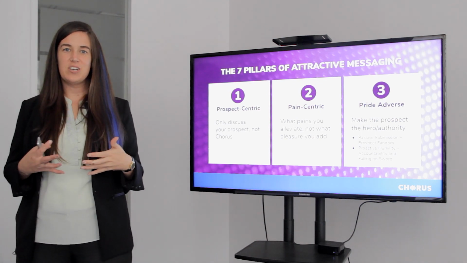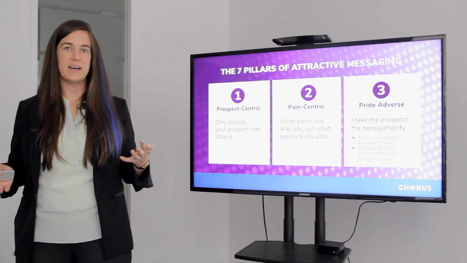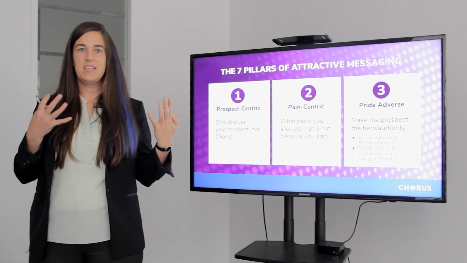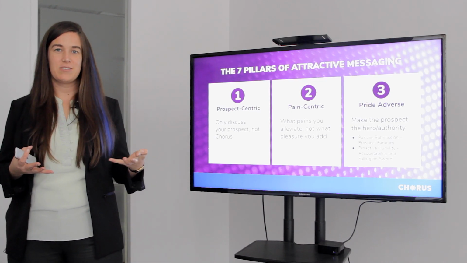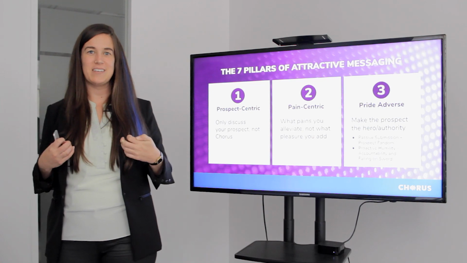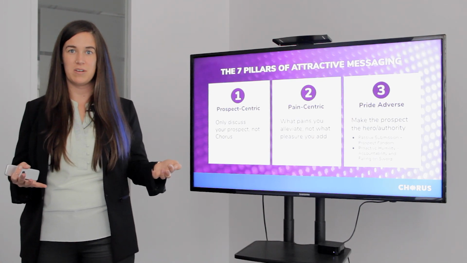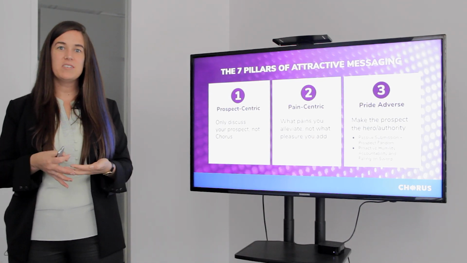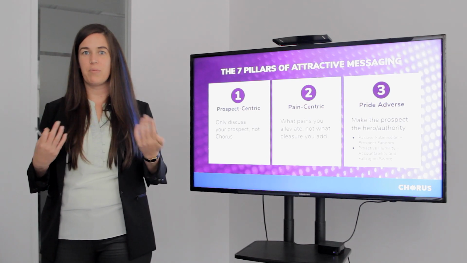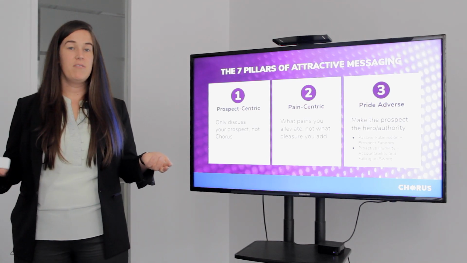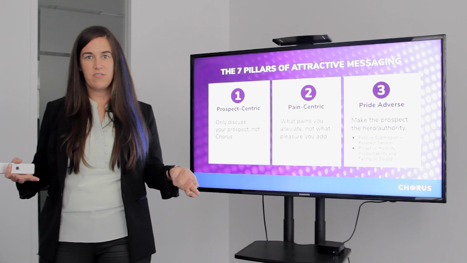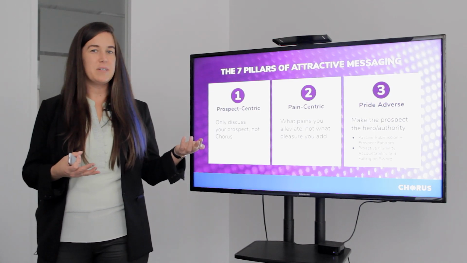So I have my SDRs focus all on the prospect. So instead of being aggressive in the amount of volume of emails that they're sending, I have them be properly aggressive on the amount of research that they're doing about my prospect. So every single word, in my opinion, should be about the prospect in your email. When it comes down to value prop, that's easy for us. When it comes down to a premise, it's a little bit tougher.